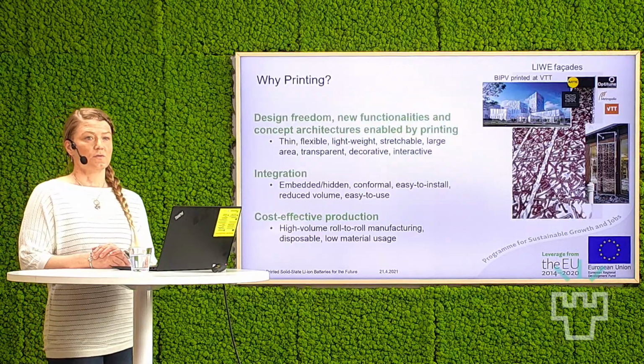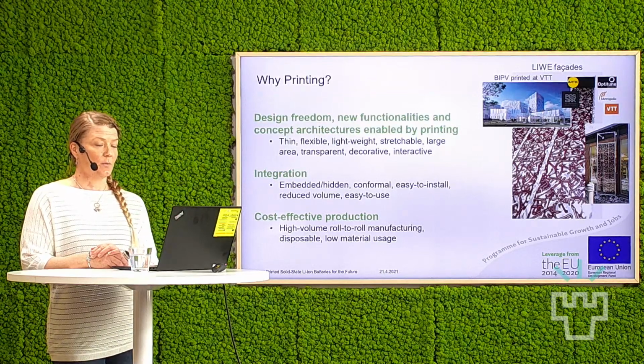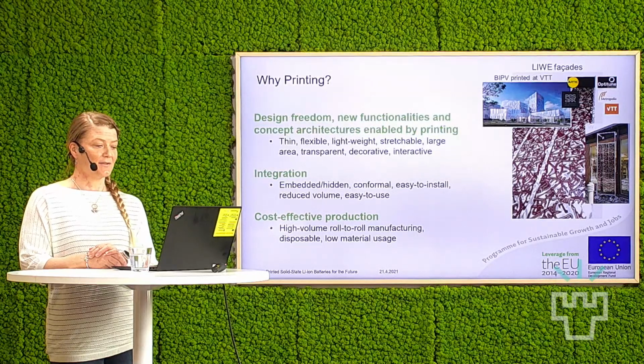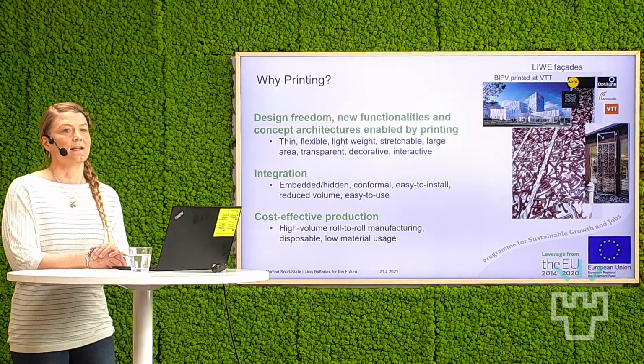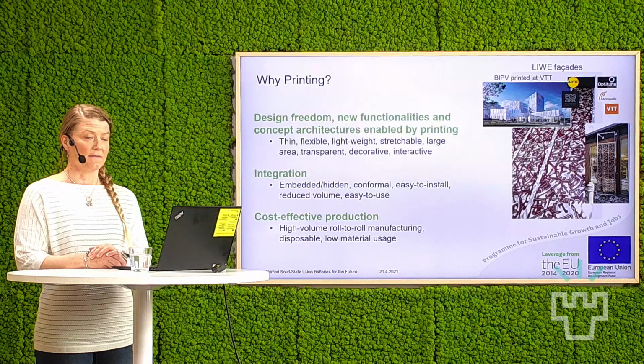Why would we choose printing? It brings us freedom in the design. We can introduce some new functionalities and concept architectures. It makes the integration easier, but most importantly, we see in these battery applications the cost effectiveness of the production.